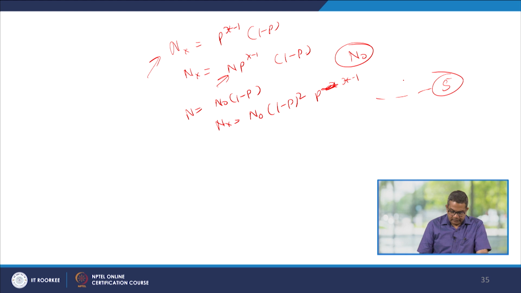The weight fraction Wx of X mers, that is X structural units, is given as Wx equals X into (1 minus P) squared P to the power X minus 1. This is equation number 6.